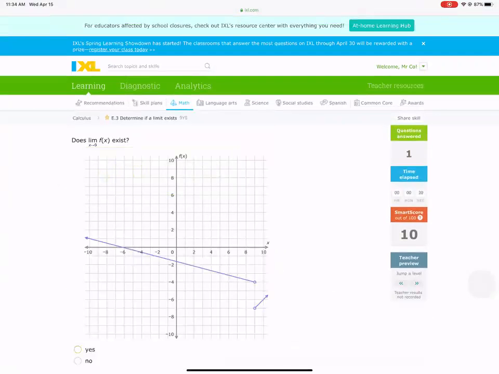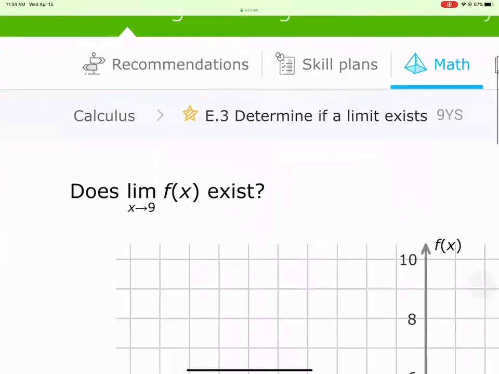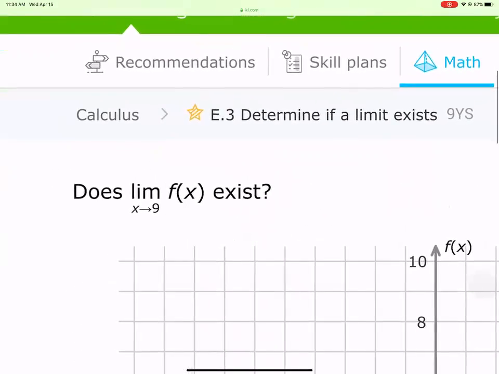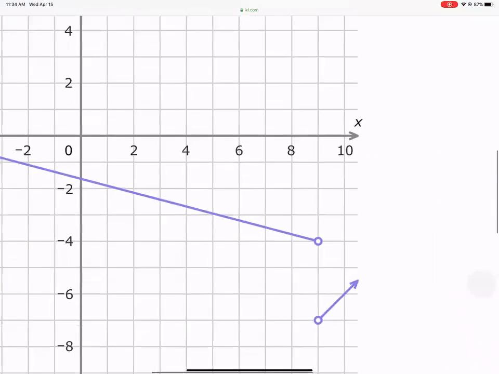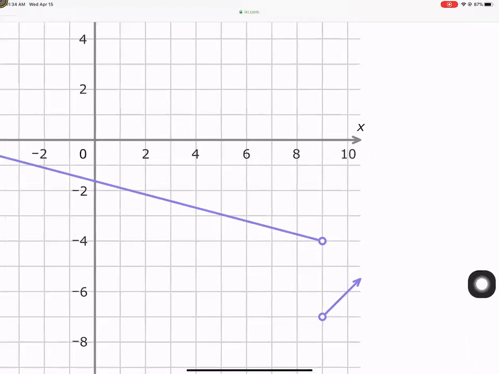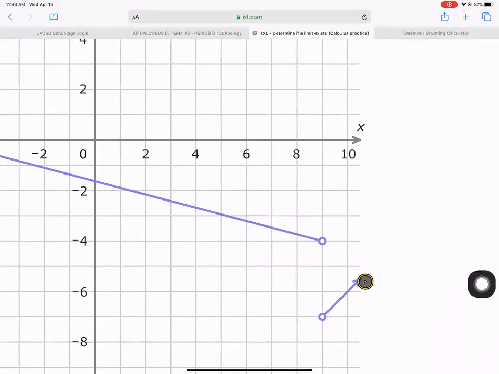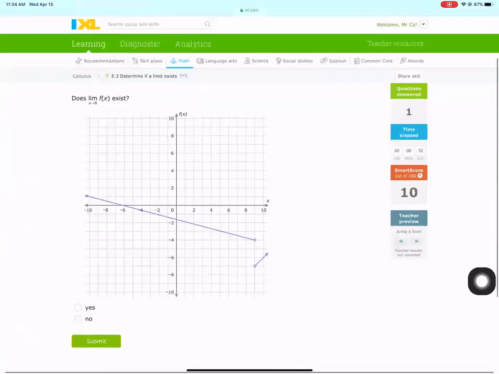What about reading the question? Limit as we approach 9. Well, 9's over here. Does the left and the right side agree? Nope. Limit does not exist.